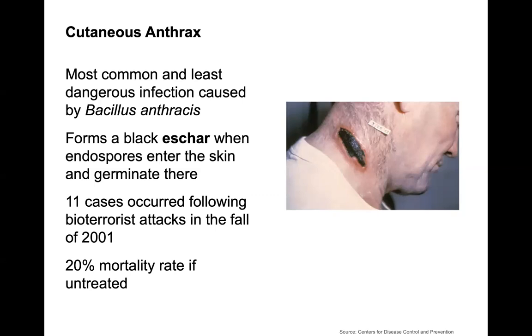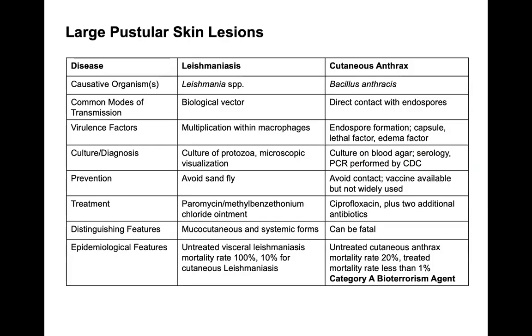This forms a black eschar when the endospores enter the skin and germinate there. 11 cases occurred following a bioterroristic attack in the fall of 2001, and it does have a 20% mortality rate if left untreated. Treatment for anthrax is ciprofloxacin. So here are our large pustular skin lesions. Again, you have leishmaniasis and cutaneous anthrax.